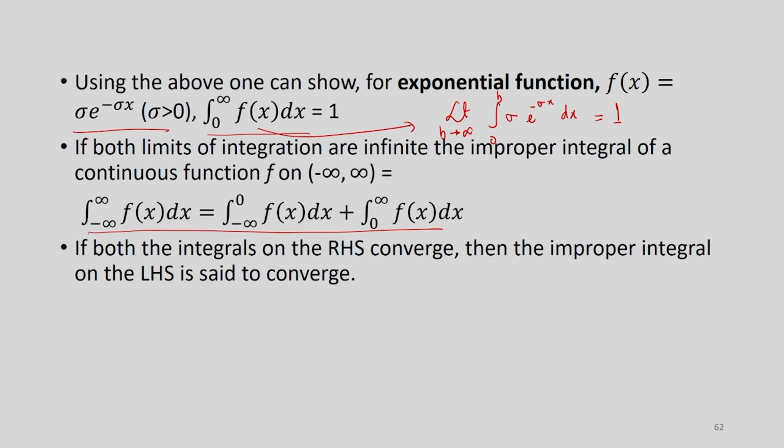Firstly, the part to the left of 0: minus infinity to 0 integration f(x) dx, plus 0 to infinity integration f(x) dx. If both the integrals on the right hand side, that is this and this, converge, then the improper integral on the LHS, that is this one, is said to converge. So, both of them have to converge for this to be defined.